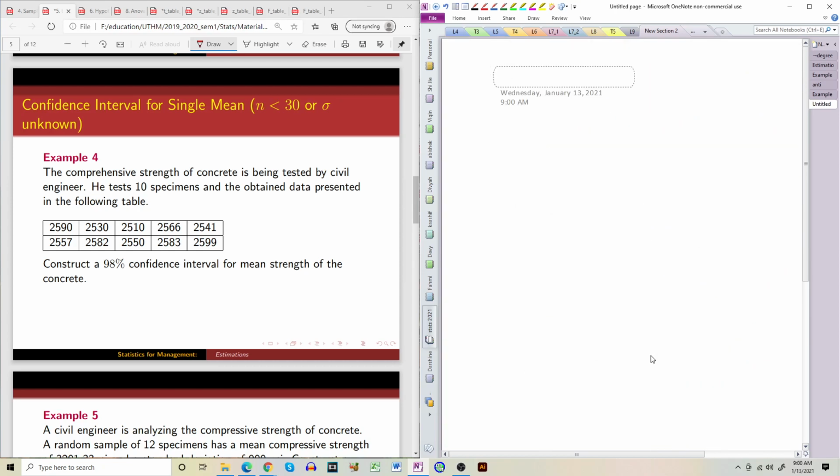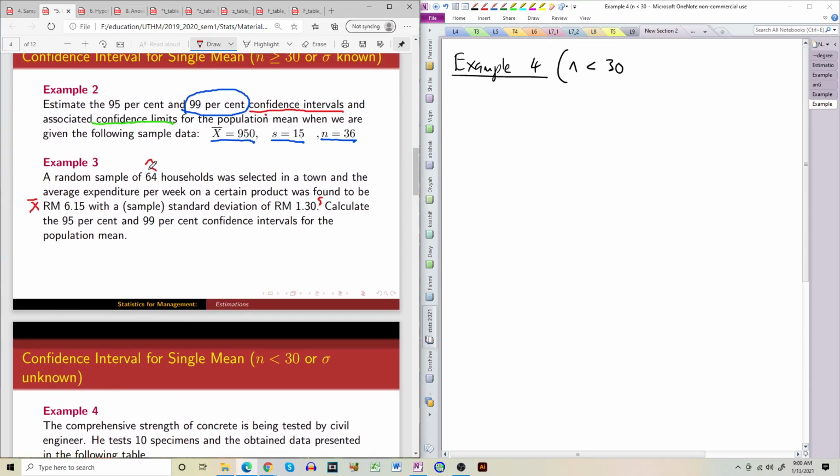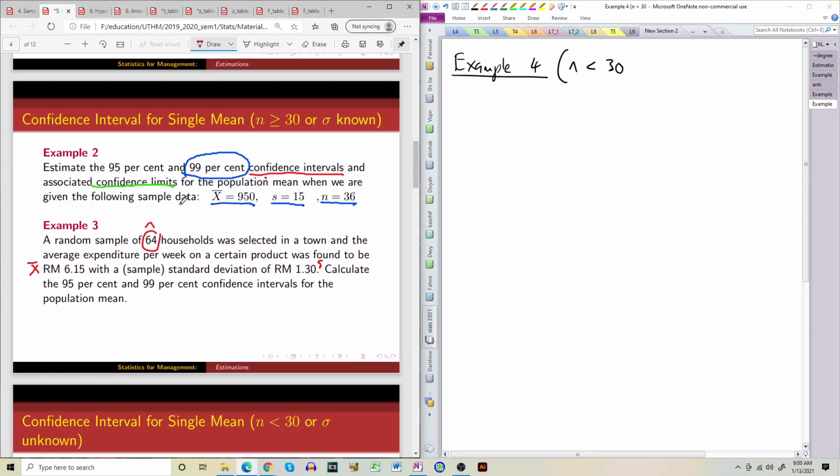I'm going to the next page. In example 4 you can see n is less than 30. N less than 30 means the data is less than 30. See 1, 2, 3, 4, 5, 6, 7, 8, 9, 10. In the previous case the data is 64, more than 30.